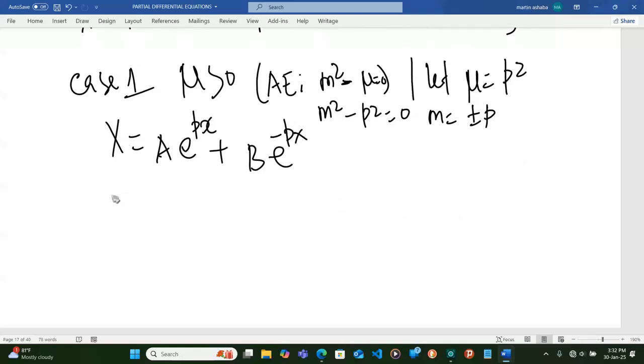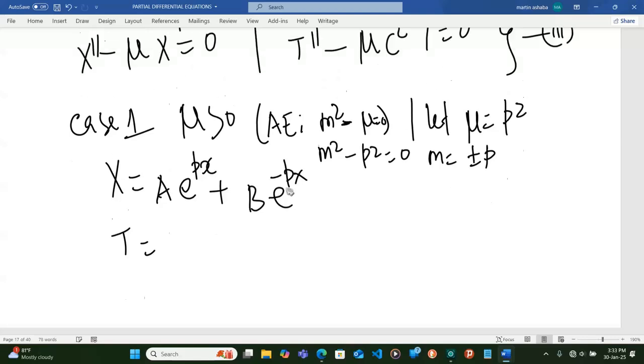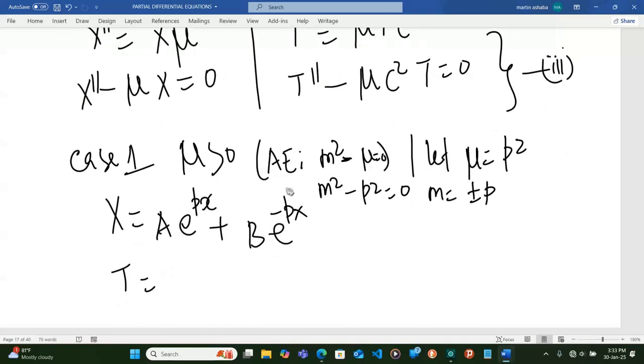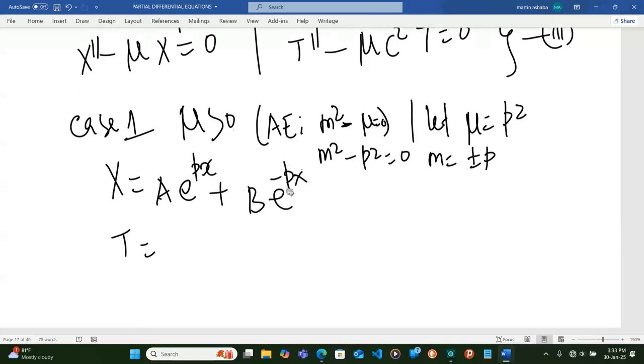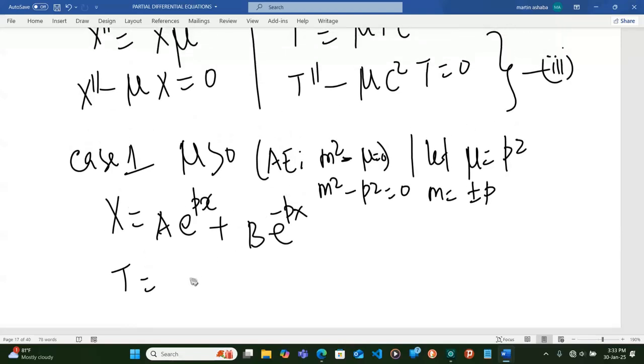Then T will have the same, except that we shall just change the constants, so maybe we call it c1 exponential of pct, plus d exponential of negative pct.